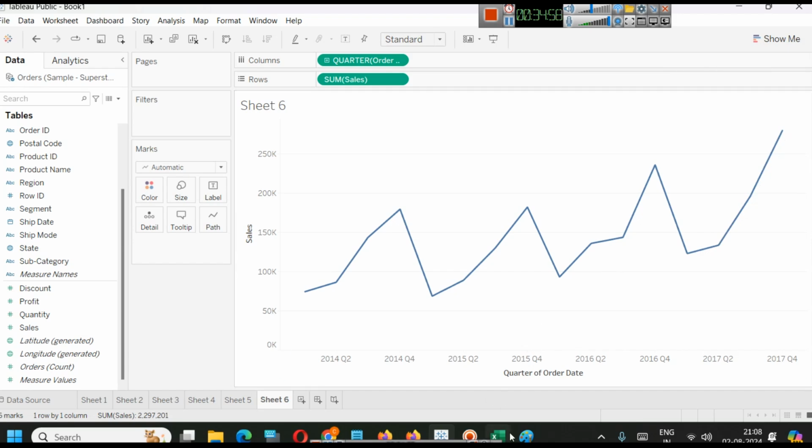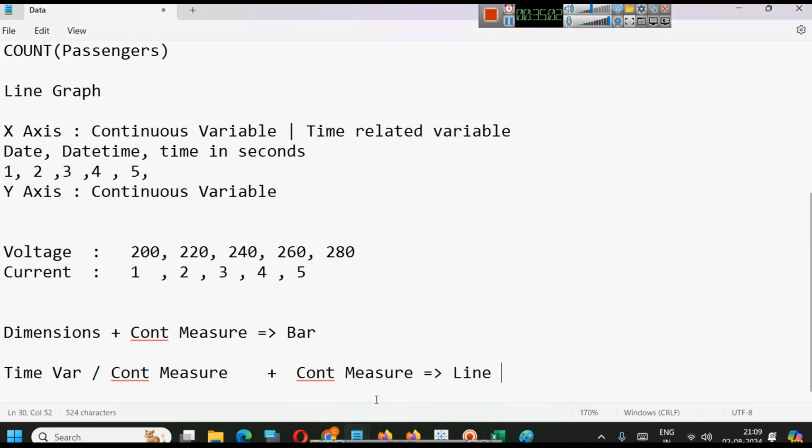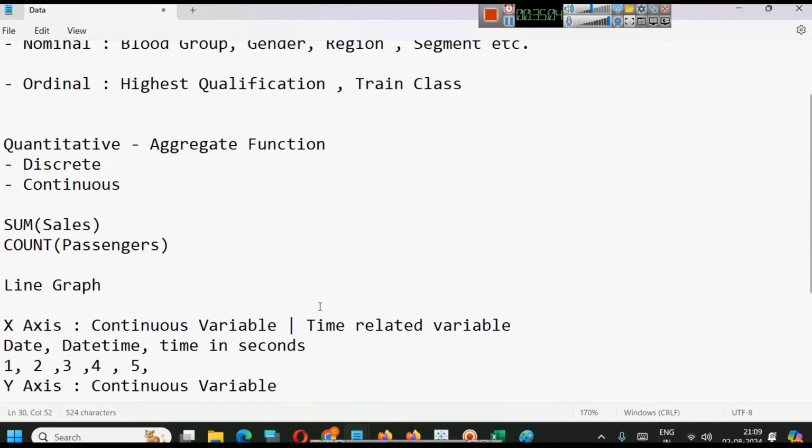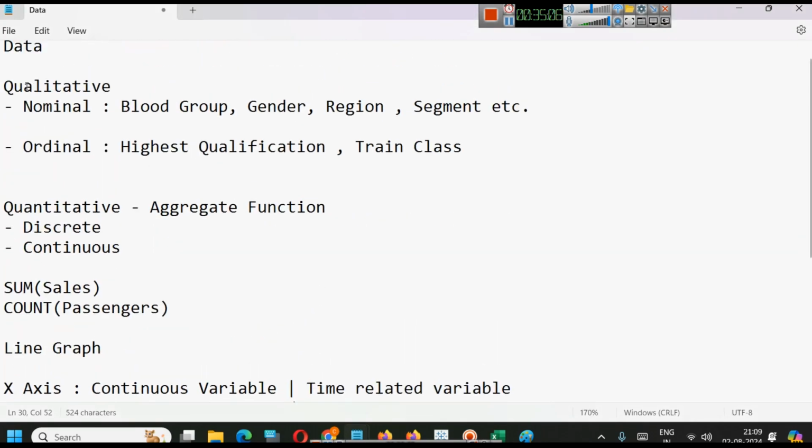That's why whenever we teach someone, the first day we tell these things: you have to understand nominal and ordinal variables, and discrete and continuous variables, because the same variable you can consider as discrete in Tableau, or as continuous in Tableau. It totally depends upon the question also, but this is what you can do.